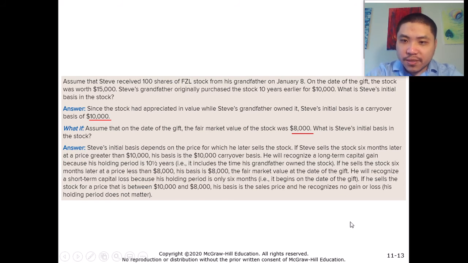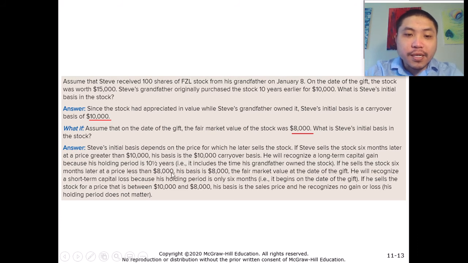So if Steve sells the stock 6 months later at a price greater than $10,000, his basis is going to be $10,000, the carryover basis, and he will recognize a long-term capital gain, because his holding period is 10 years and a half.